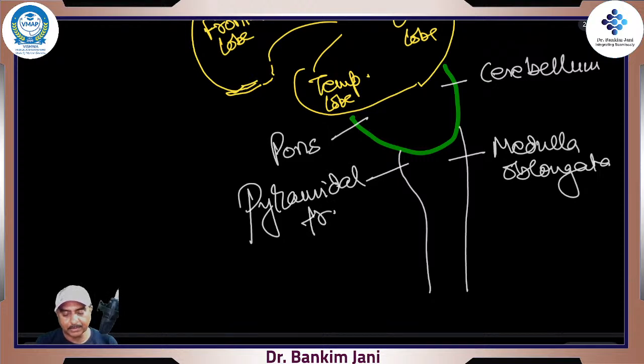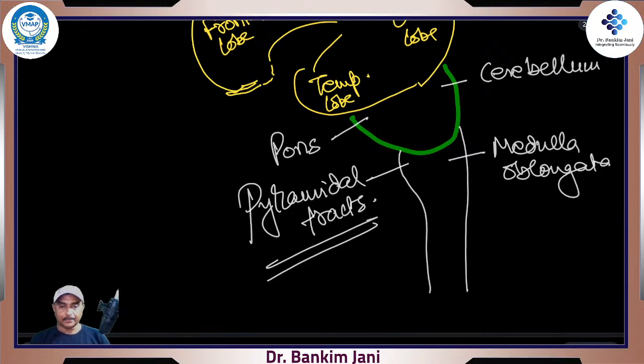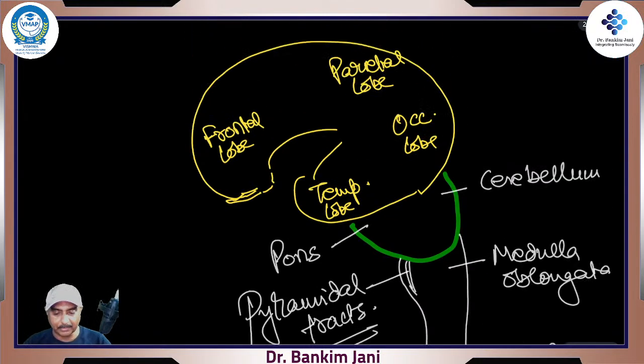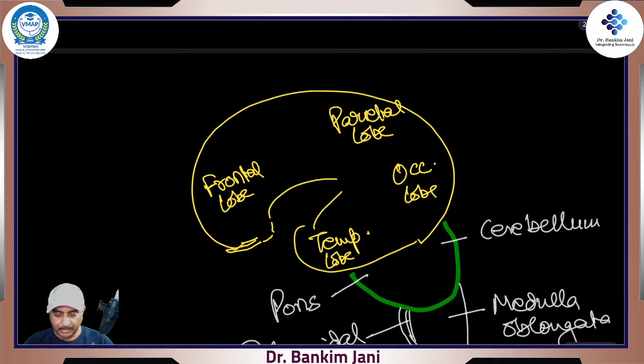This one is the pyramid, a bulge. And this one would be the spinal cord. So we have four lobes, and this would be the basic brain.